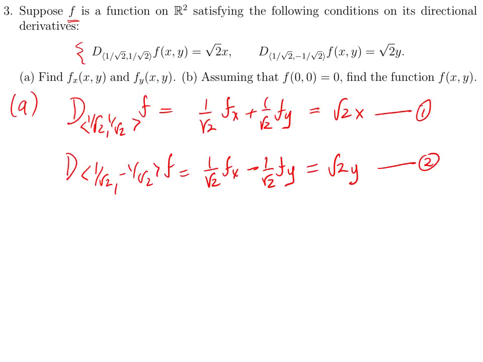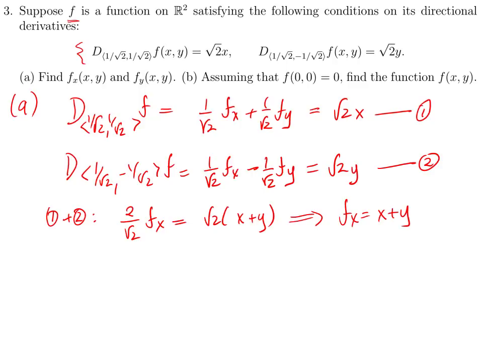So in this case, it's particularly easy if you add the two equations. Then what do you get? The fy's cancel. You get 2 over square root 2 fx equals square root 2 x plus y. And now you have a square root 2 on both sides, which cancels, so you get fx equals x plus y.